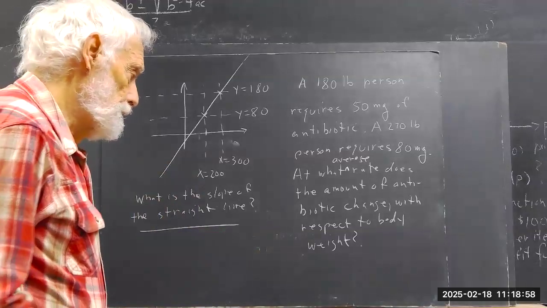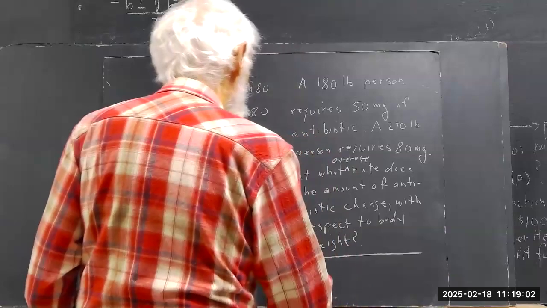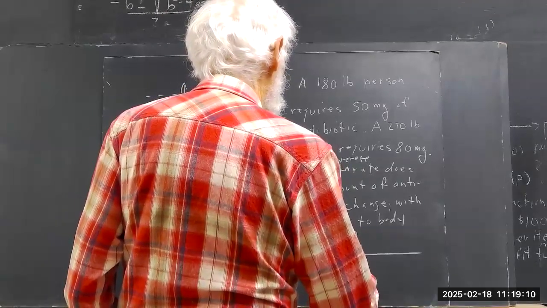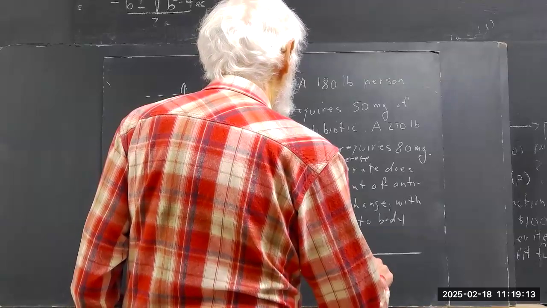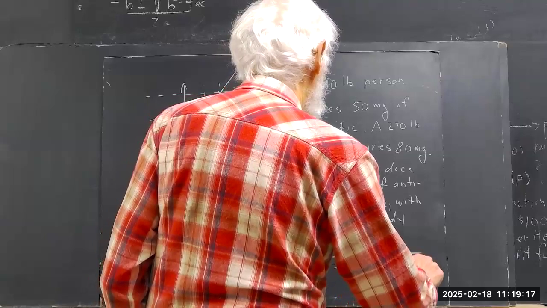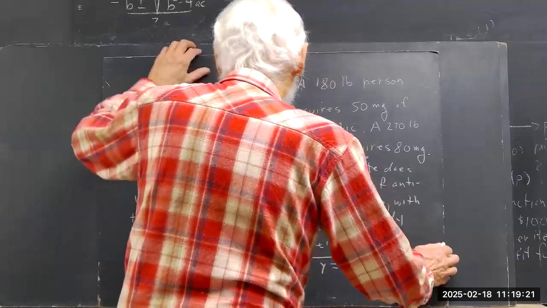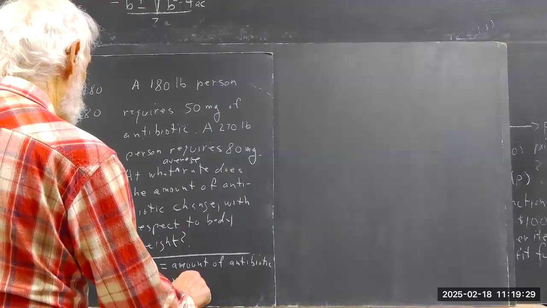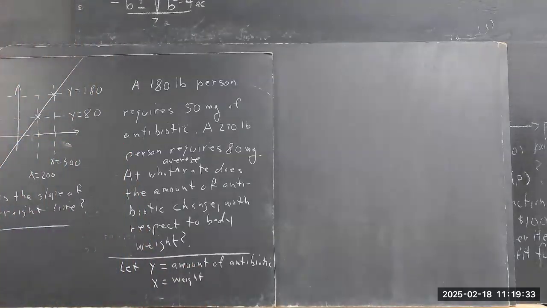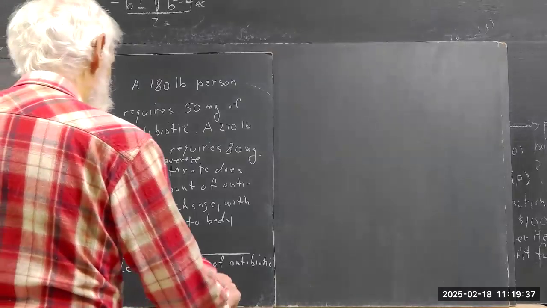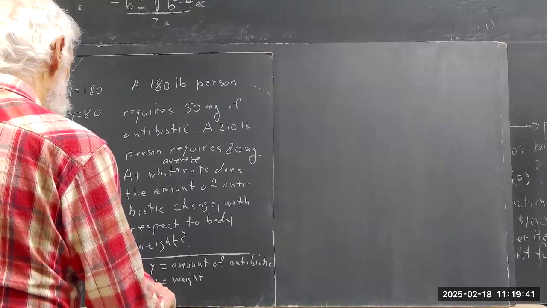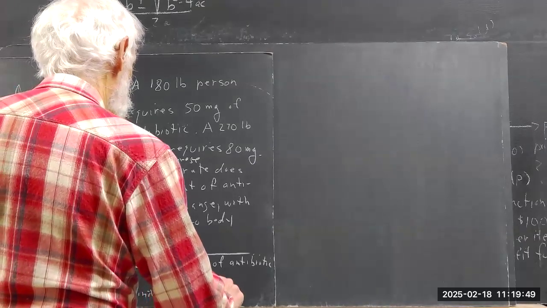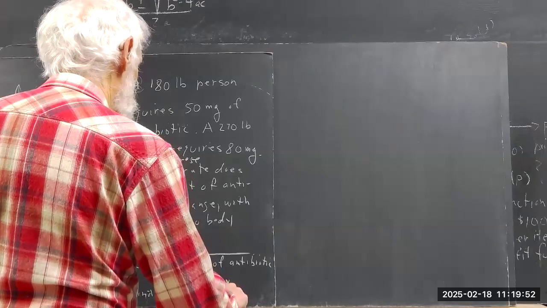So let's just formalize this a little bit. Find the average rate, which is the change in y over the change in x.